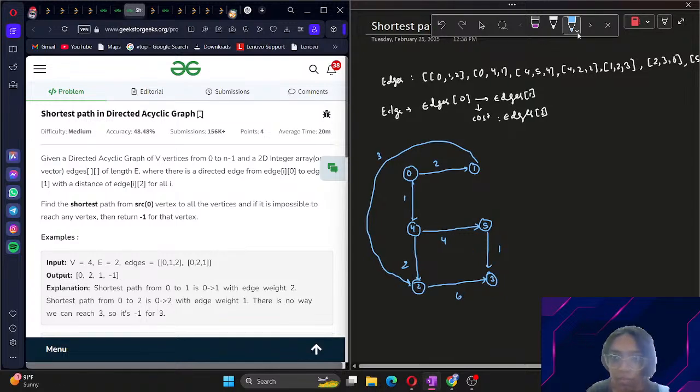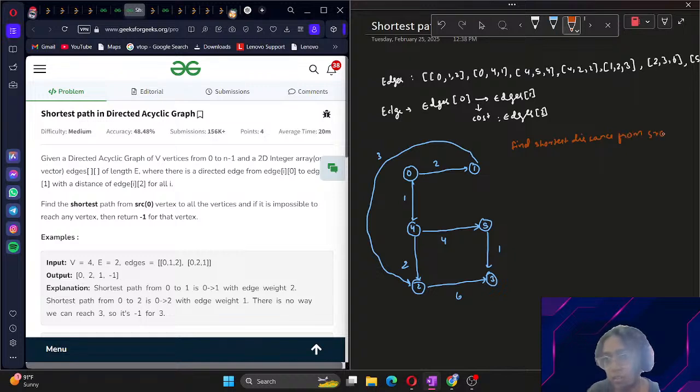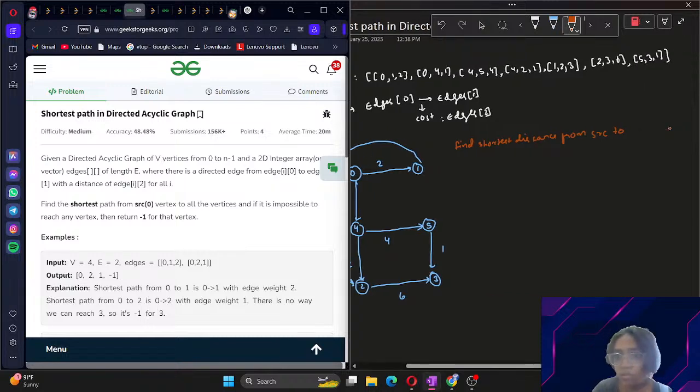And now we are supposed to find the shortest distance from the source to the other nodes.